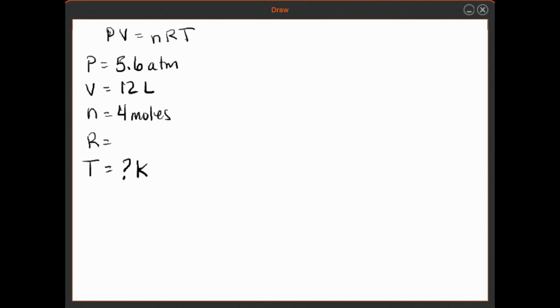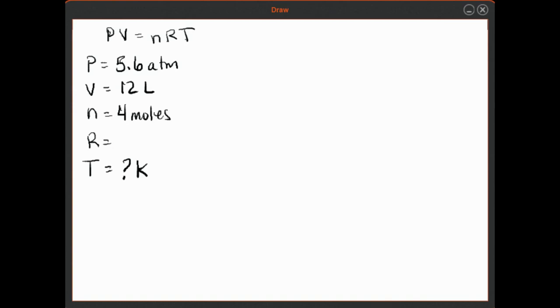Now, this R value is dependent on which units you're using in your problem. So in this particular problem, if you go back and look at the slide on the R values, you'll see that there's several different R values. The only difference is the type of units that they have.